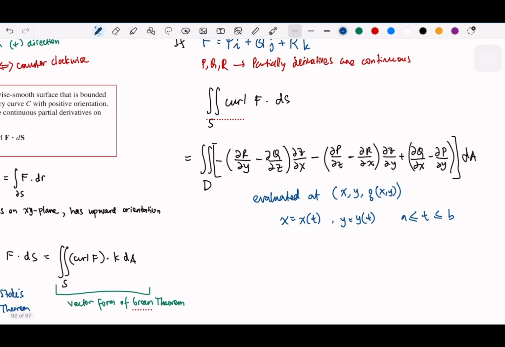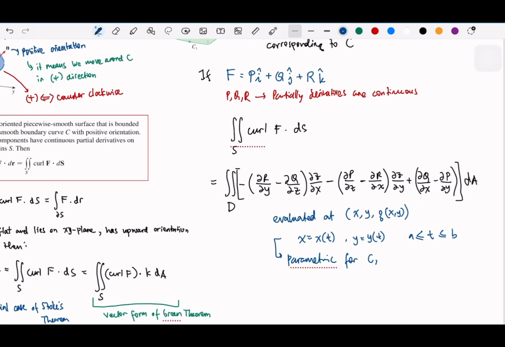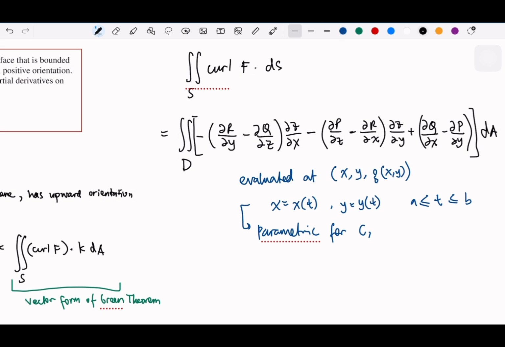So suppose this is parametric, let's say for C1. C1 means on the xy plane.